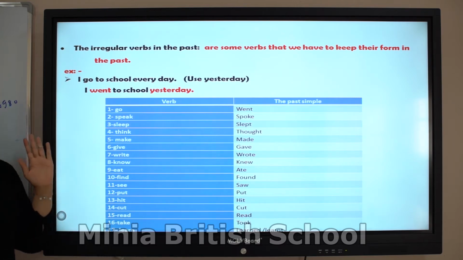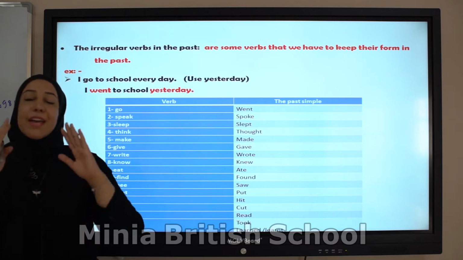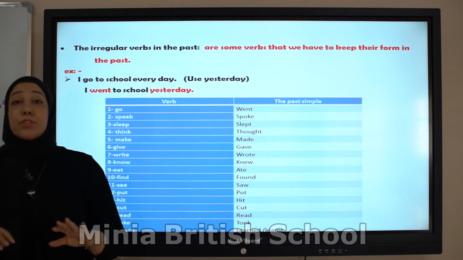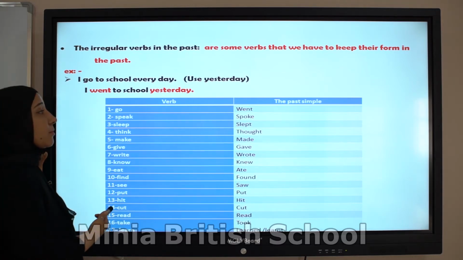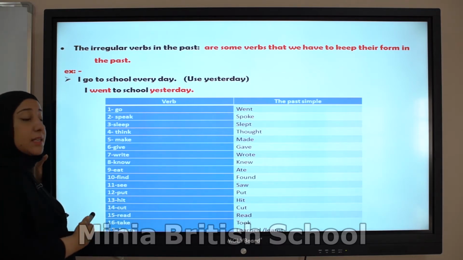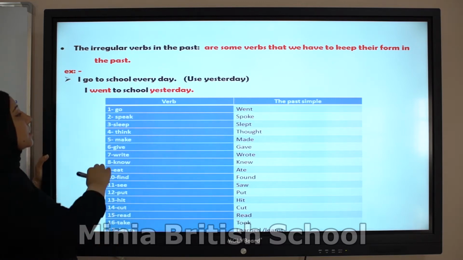So I have regular verbs, E-D, I-E-D in the past. I have irregular verbs that I have to keep. Okay, let's read together the form of the verb in present or in the infinitive and the form in the past.